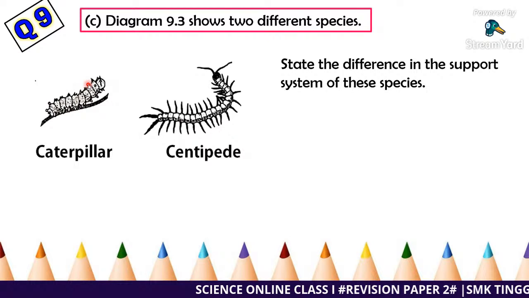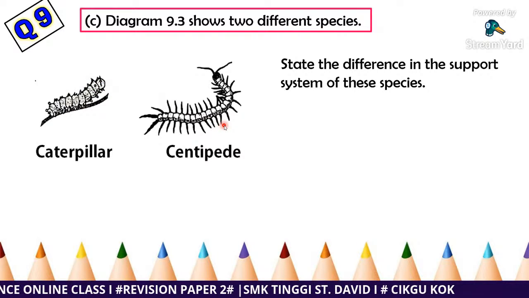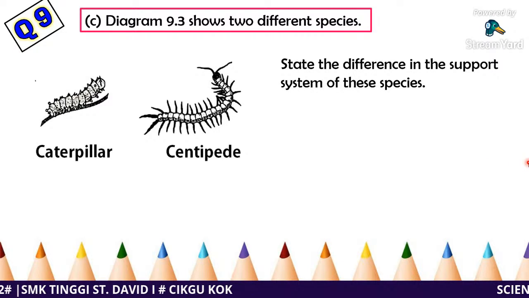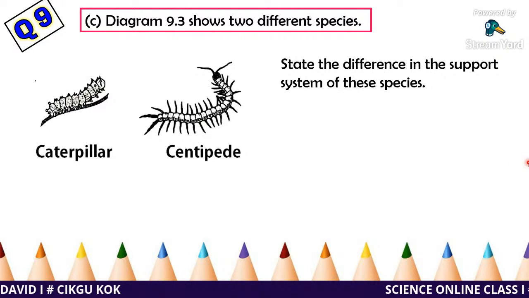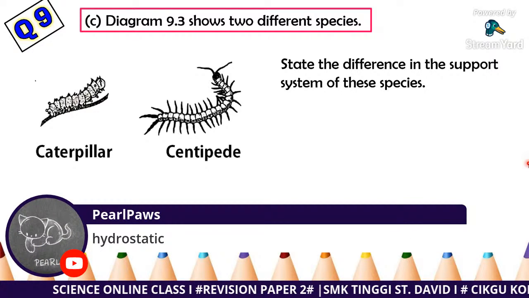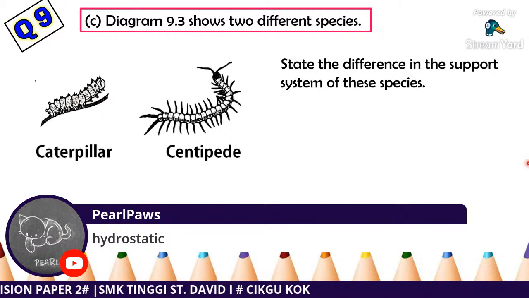Caterpillar, they got a cover outside. Hydrostatic. Okay, let's see the answer here. Okay, we got two answers. Okay, this one. They give me the answer: hydrostatic.